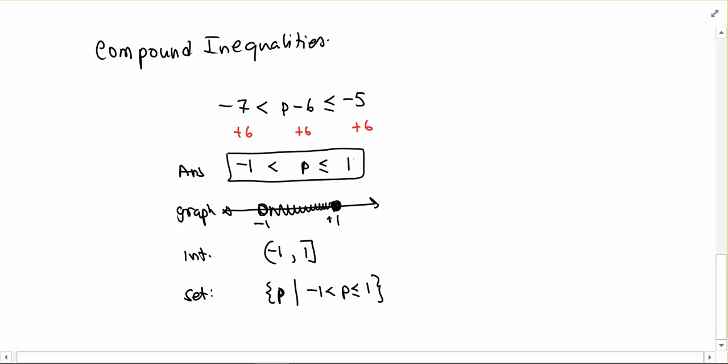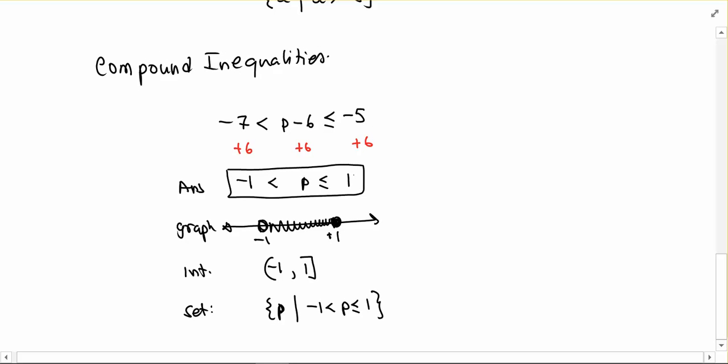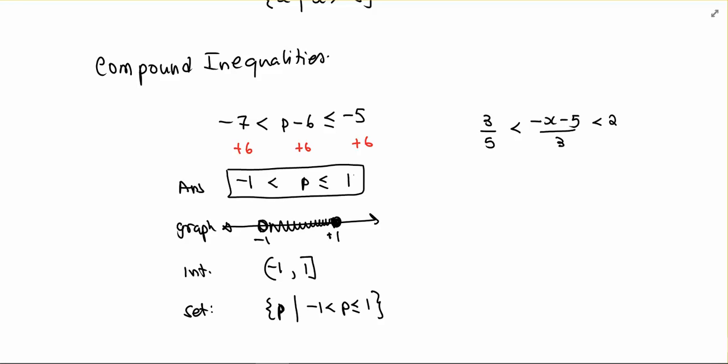Let's do another one of those. Let's do one with a fraction to it. So 3/5 less than negative x minus 5 over 3 less than 2. And just like we did with the previous problem with a fraction, we can clear the fraction by multiplying by the LCD. The LCD for this problem is 15, if you look at all the denominators.